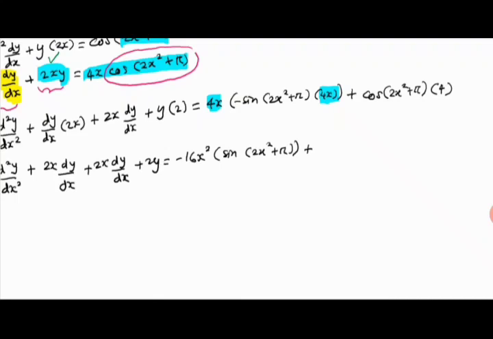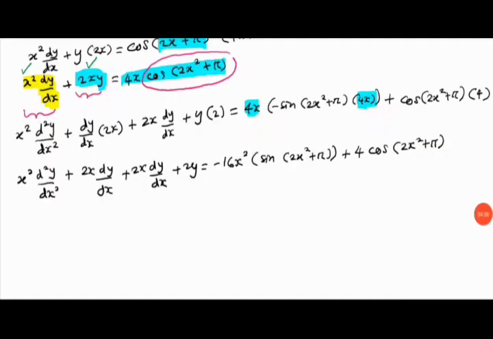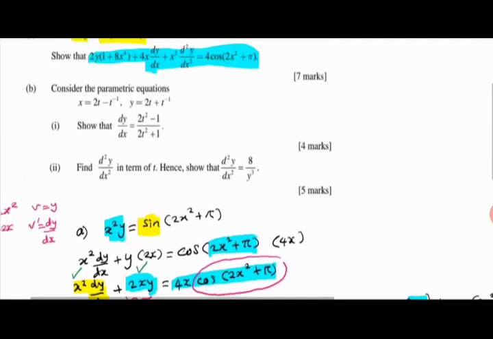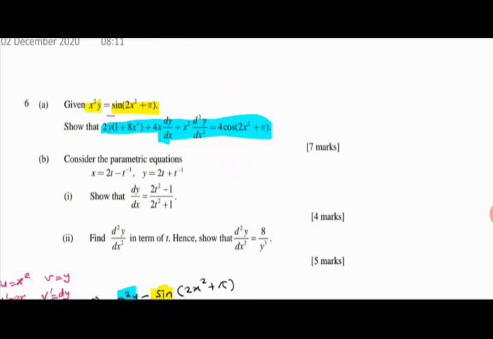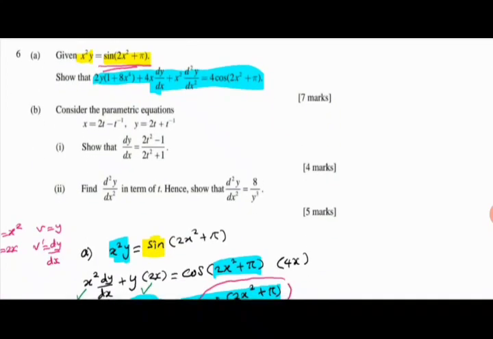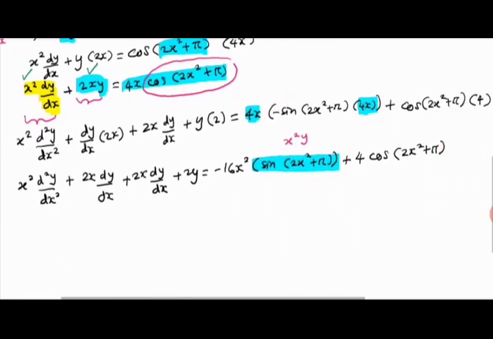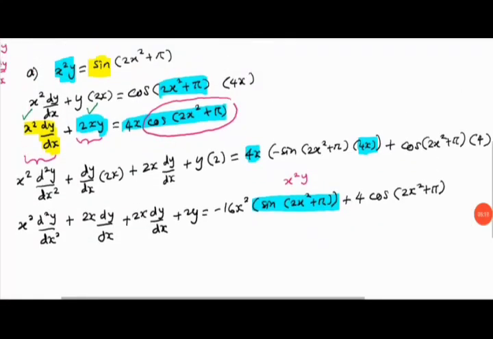And then we have plus 4 cos 2x square plus pi. And then this one, we can substitute with x square y from the question, which is x square y equals to sine 2x square plus pi. So we substitute with x square y.